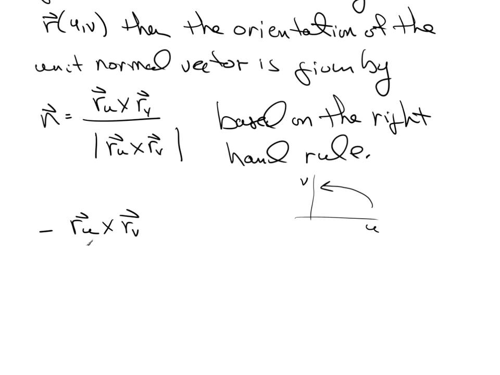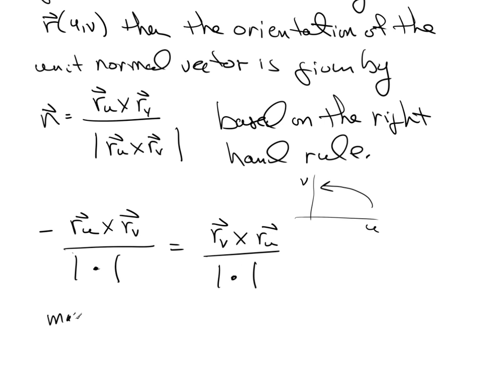I'm saying u cross v, but hopefully you understand I'm talking about the partial of r with respect to u cross the partial of r with respect to v, divided by the magnitude of that thing, which is actually equal to the partial of v cross the partial of u over that same magnitude. So this just represents the magnitude. Just a little quick shorthand notation there.